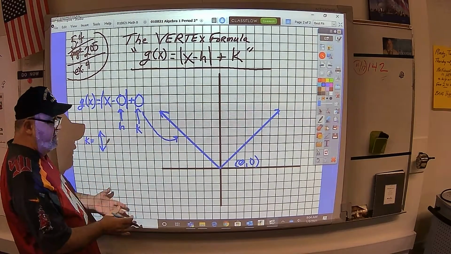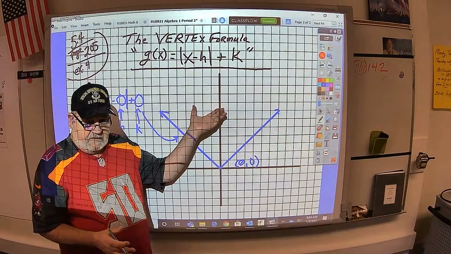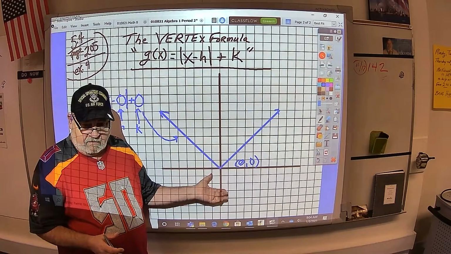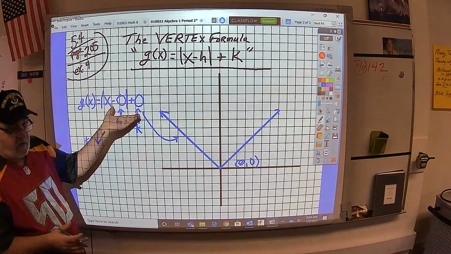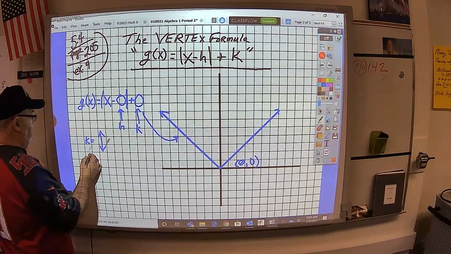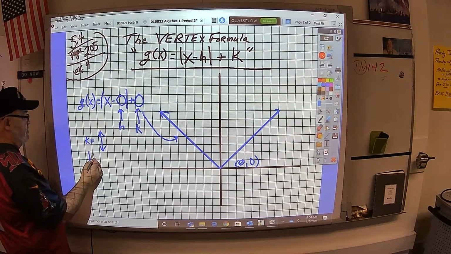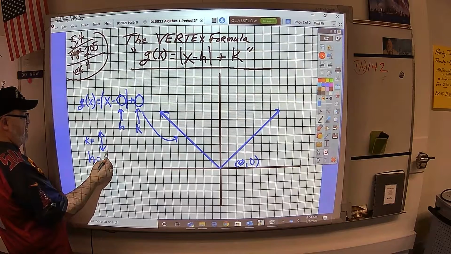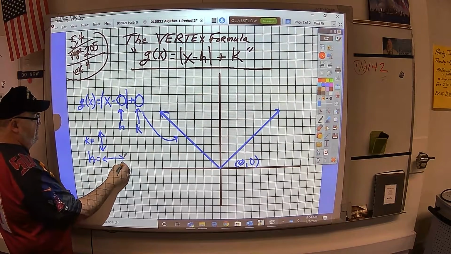And I really don't want to say at this point that it's going to be our y-intercept. It looks like it should be our y-intercept, but I want you to know that it's the up and down of what's going on. And then the h is going to control left and right.